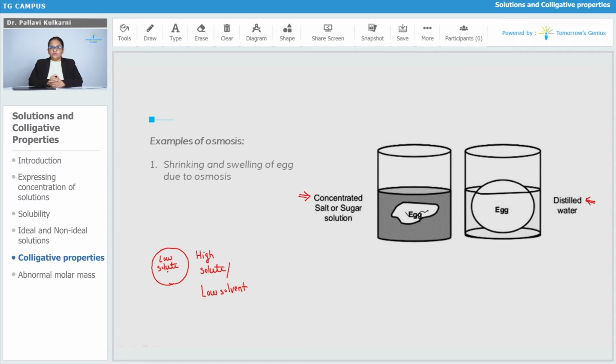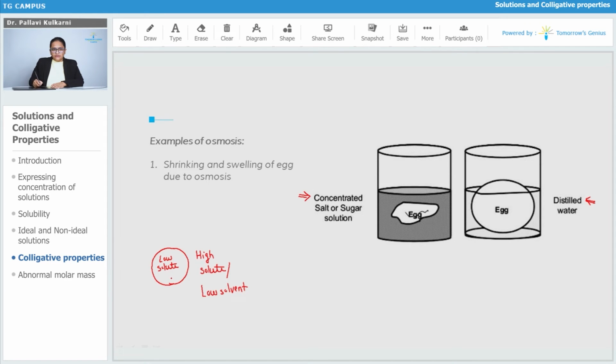According to osmosis, we know that osmosis is the process of movement of solvent particles through the semi-permeable membrane from high solvent concentration to low solvent concentration, or in terms of solute concentration, from low solute concentration to high solute concentration.